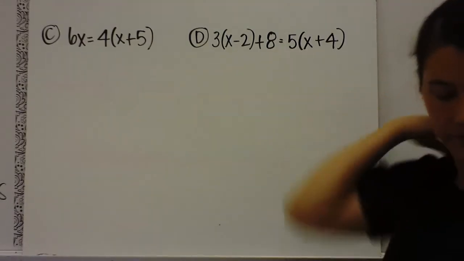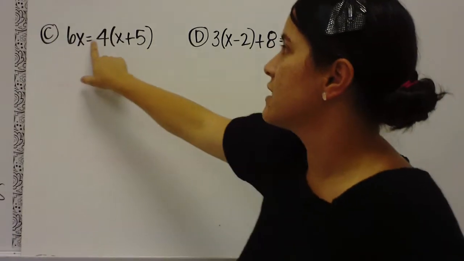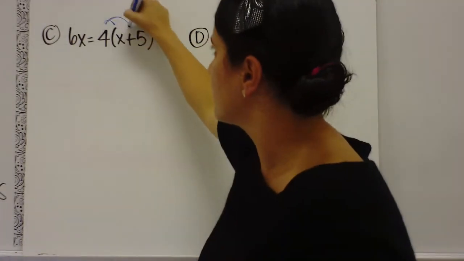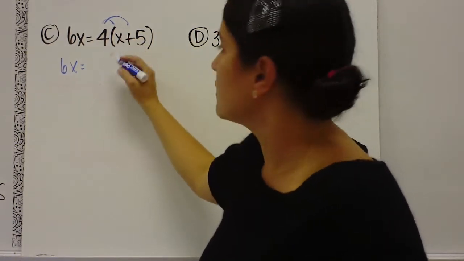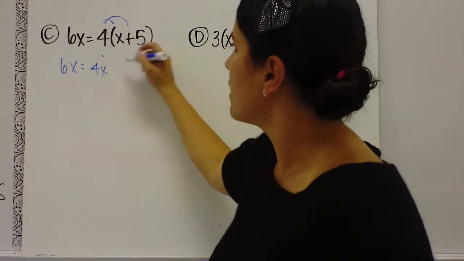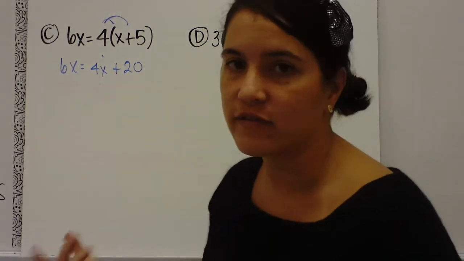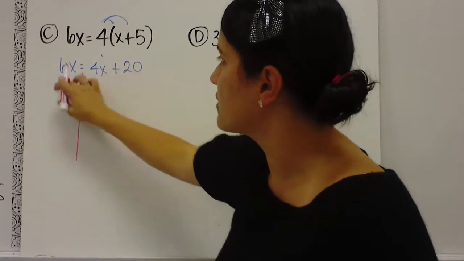All right, copy those down. All right, C. 6x equals 4 times x plus 5. I distribute. 6x equals 4 times x is 4x. 4 times 5 is 20. Now I have variables on both sides. I need to move my 4x over.